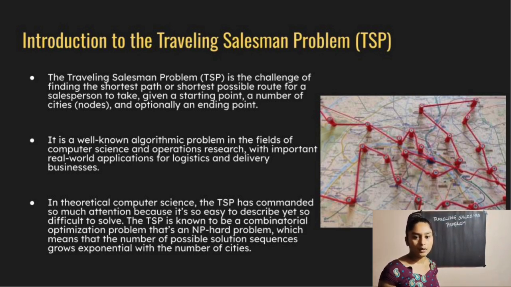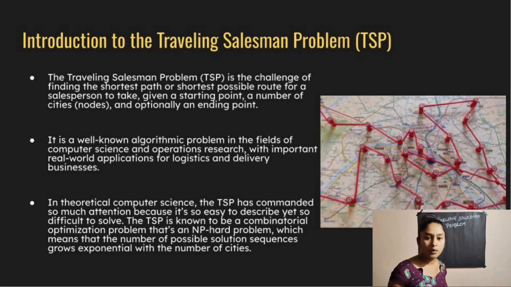The TSP is known to be a combinatorial optimization problem, that is an NP-hard problem, which means that the number of possible solution sequences grows exponentially with the number of cities.